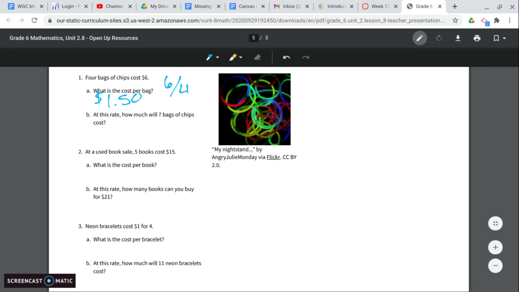At this rate, how much will 7 bags of chips cost? We're taking 7 times $1.50, which will give us $10.50.